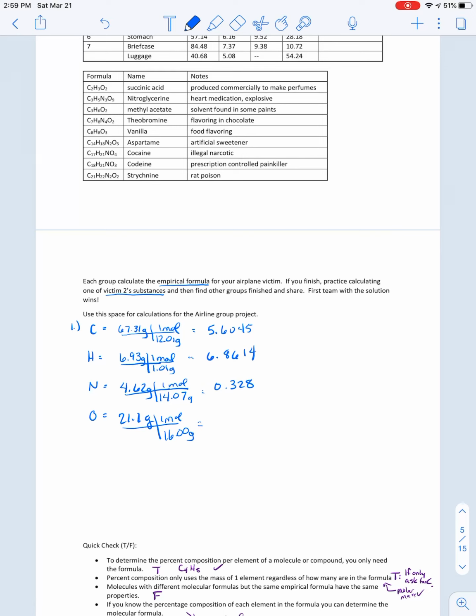The next one turns out to be 0.328, and the last one, 1.3188. I'll put an extra digit on it too.